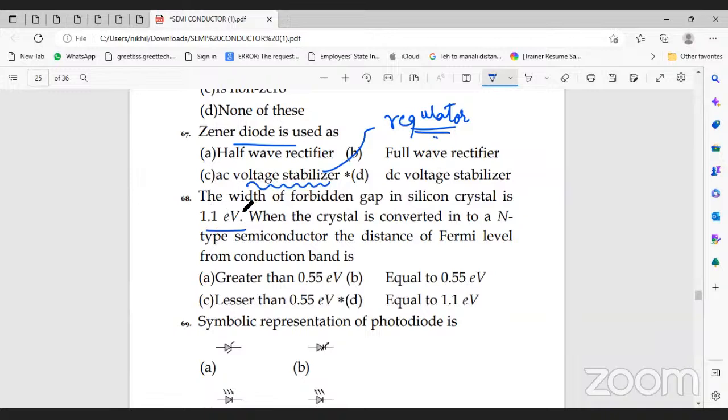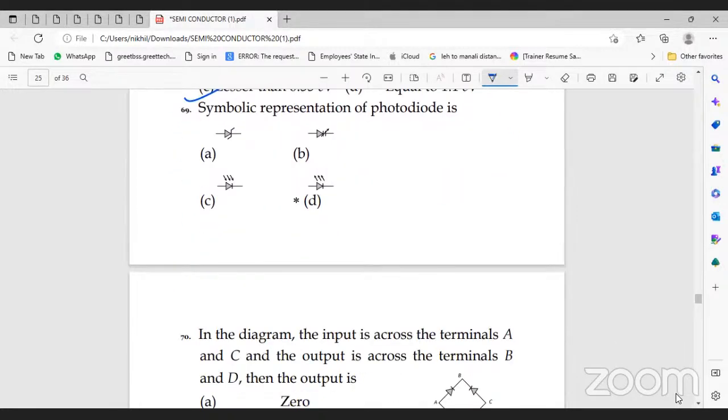This is the width of the forbidden energy gap. You have to ask about the Fermi energy level. So it is lesser than 0.5 electron volt of that average. Symbolic representation of the diode, photodiode.